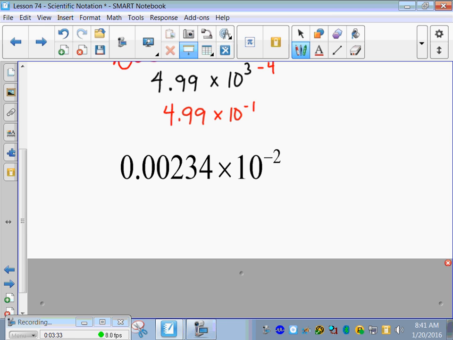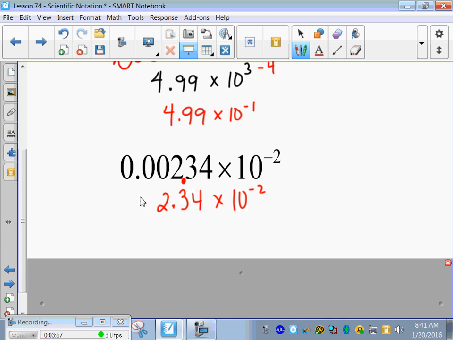All right. Ella, where should I put my decimal to be in scientific notation? Yep. So we've got 2.34, and we already have 10 to the negative 2, but we moved that decimal. Okay. Evan, how many spaces? 3. And Corey, positive or negative? Negative.